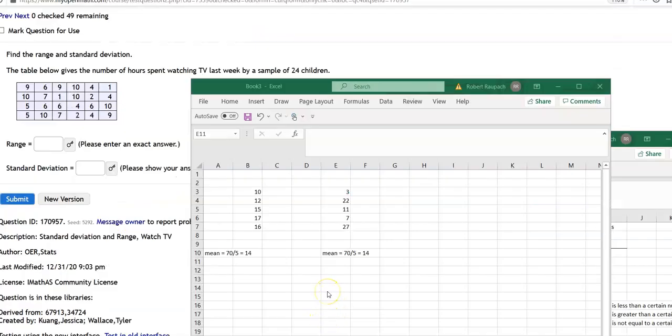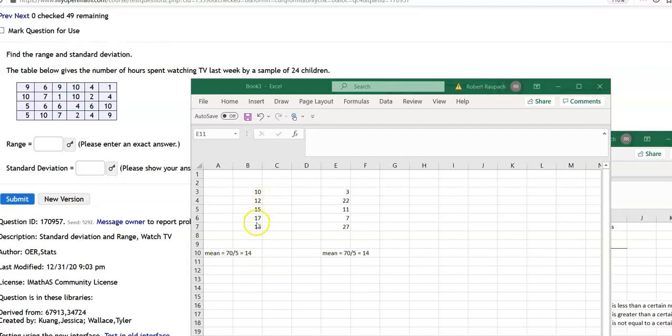Okay, what is standard deviation? Just forget about this problem for now. Just take a look at what I put here. These two sets of data, they both have an average of 14. If I take these scores, add them up, and divide by 5, which is the mean or average. Mean and average are the same thing.